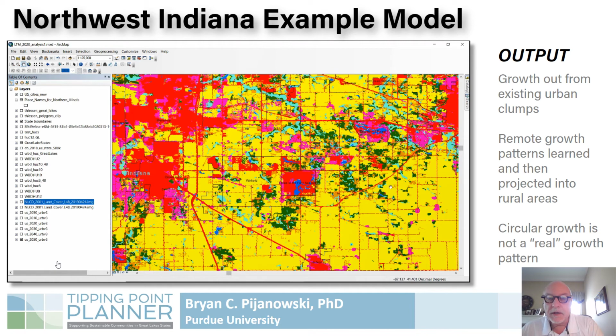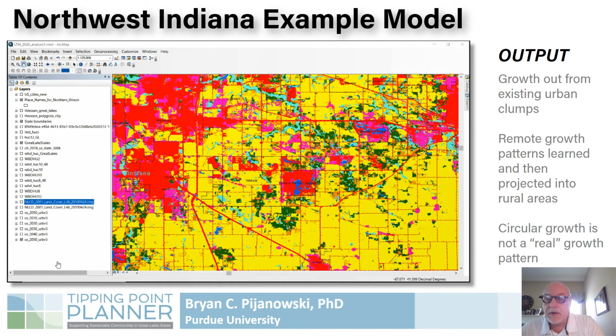This is all shown here in pink. The red is urban in 2001. So you can see that the model is forecasting lots of expansion from existing urban, but you can also see that the model is predicting some small little patches of urban out in the rural areas.